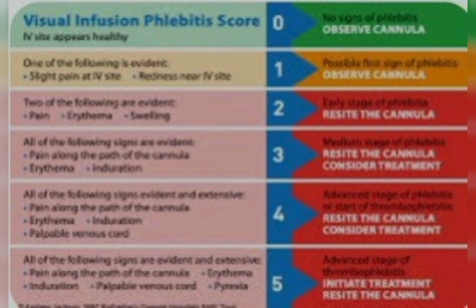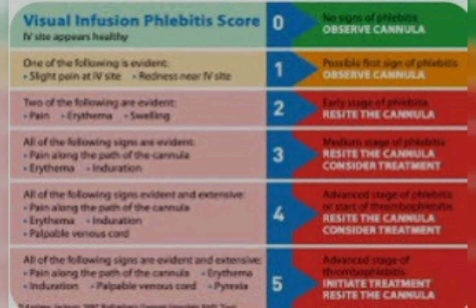VIP score 3: the cannula site shows pain, swelling and erythema, along with induration. During that time also reset the cannula and inform the doctor to start the treatment.